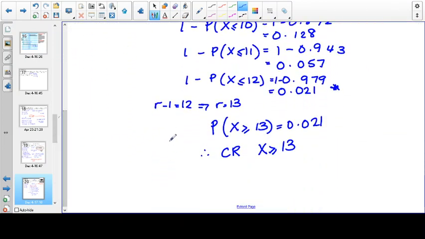So what we can conclude here is that 11 is not in the critical region. If there was 13 or 14 or 15 etc. patients that had shown improvements, then they would be in the critical region, and we could have rejected the null hypothesis and said that the doctor's claim was true. 11 is not in the critical region.